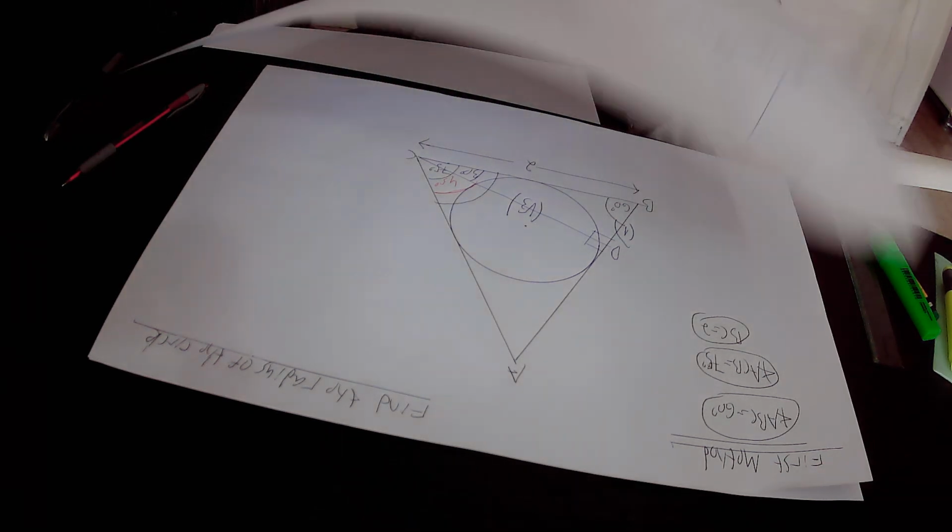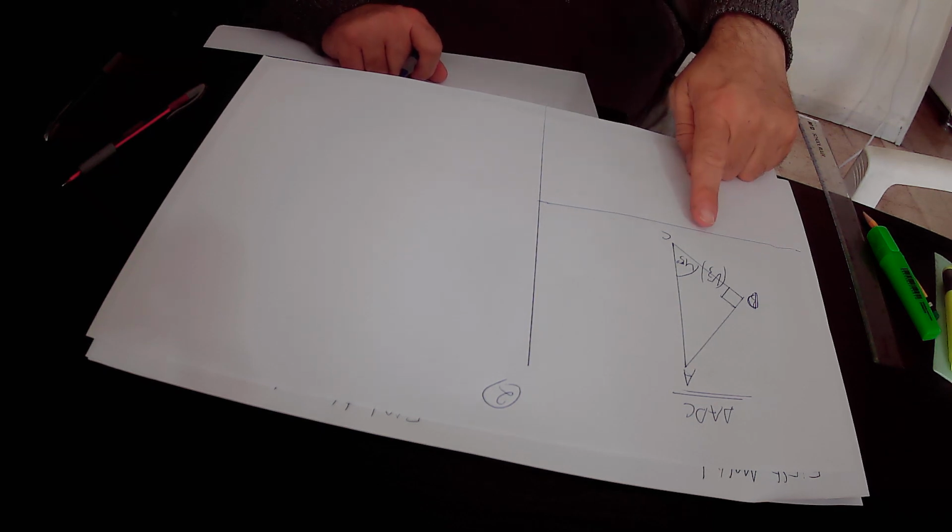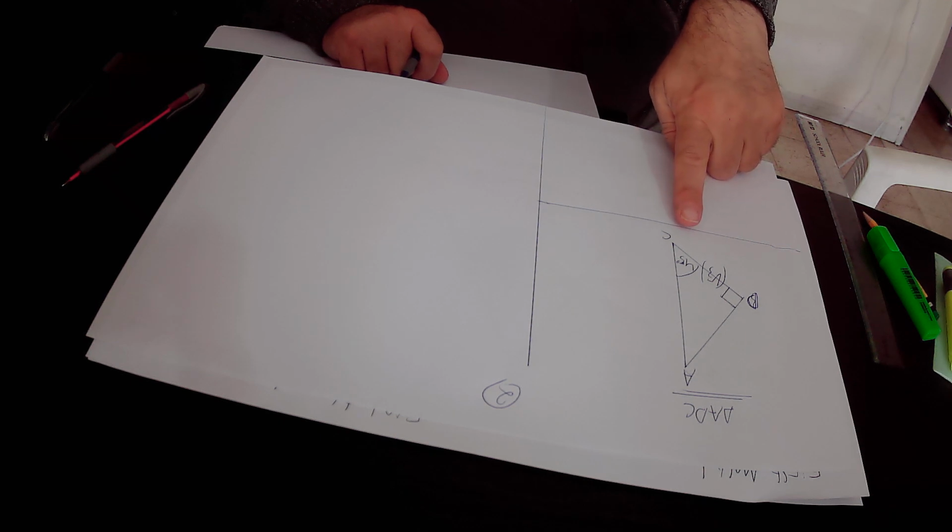So actually, this is the right triangle ADC that I copied from the original drawing. We already found out that this equals the square root of 3 units. And this is the missing angle ACD, that equals 45 degrees.